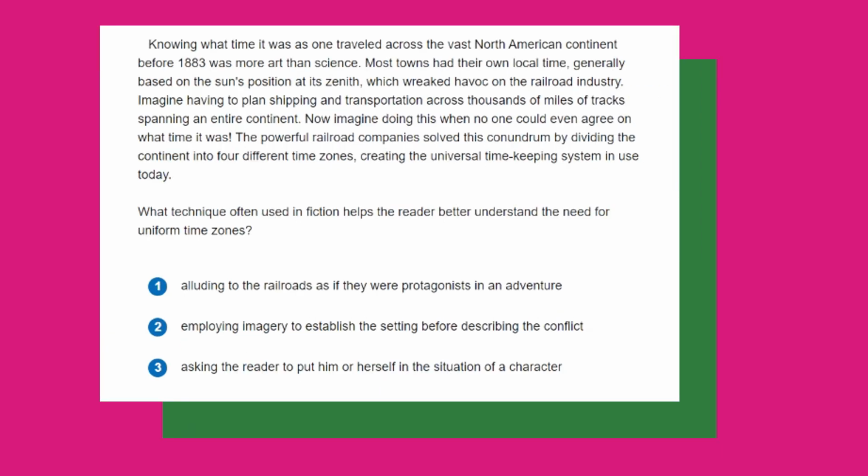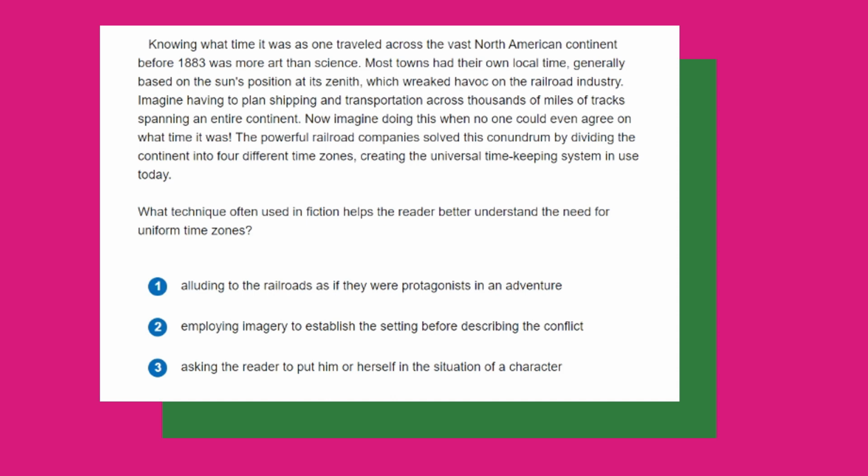I've mentioned a couple of times that vocabulary is really important for doing well on this test. Understanding story elements is one. In this question, it's more of literary devices. You read this passage and it says, what technique is often used in fiction to help readers better understand the need for uniform time zones? And you look at the answer choices and you've got allusion, imagery, and character.